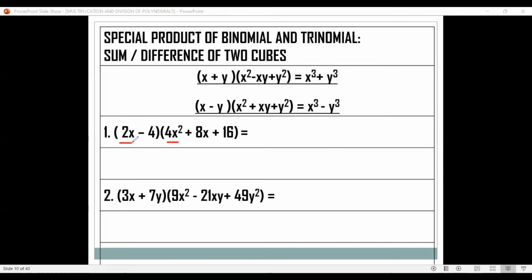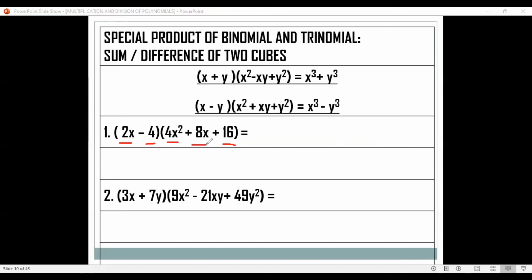So 2x times 2x is equal to 4x squared, so that one is satisfied. Now we have the last term, which happens to be 16. So negative 4 multiplied by negative 4 is equal to positive 16. So that is satisfied. And if you multiply 2x and negative 4, the answer is negative 8x. But the negative of that is positive 8x.